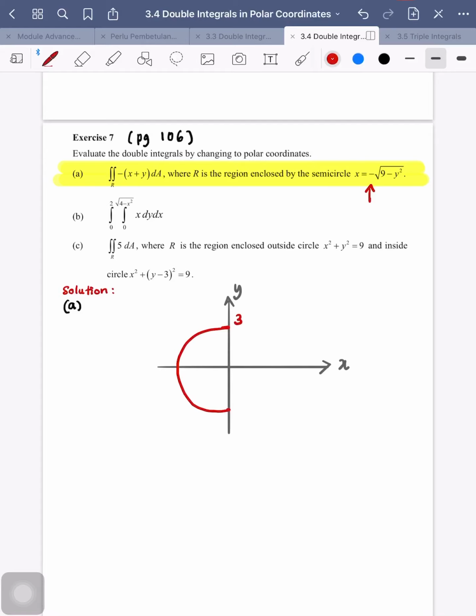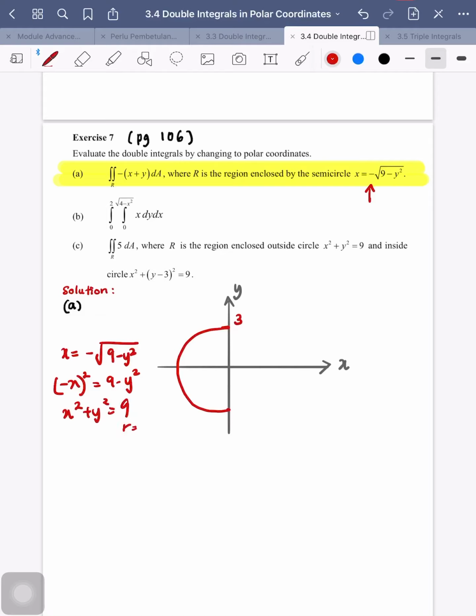3. Okay, I rearrange the equation. x equal to negative square root of 9 minus y squared. So negative brought to the other side becomes negative x, then squared. So minus y squared, I get x squared plus y squared equal to 9. The full circle is radius 3.